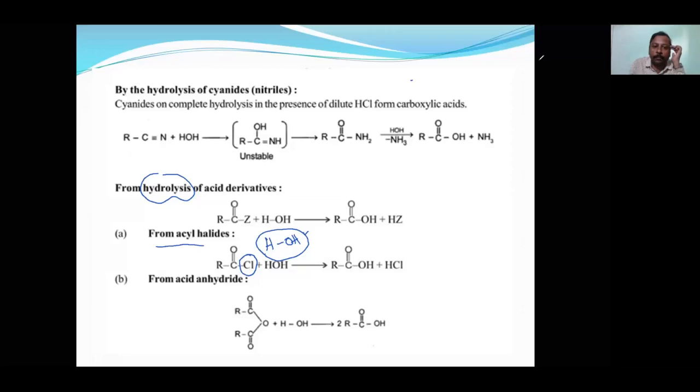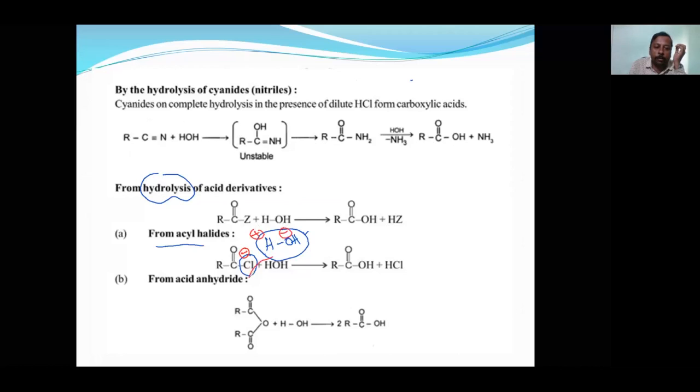Organic will be better when you ask yourself why only this. Then your organic is going to be tremendous. So I will show you and tell you the reason. See, Cl is minus, hydrogen is plus, OH will be minus.